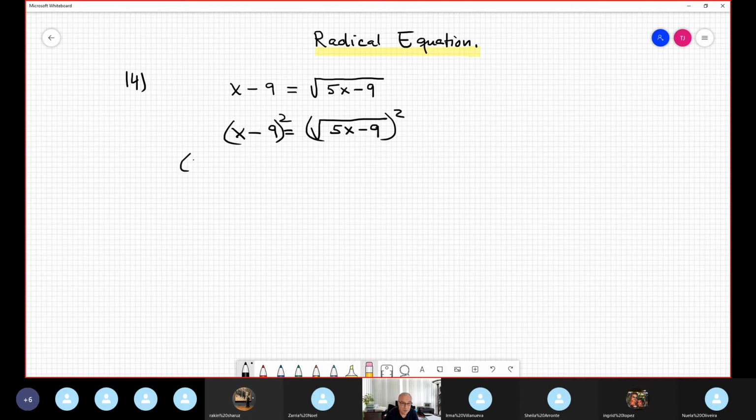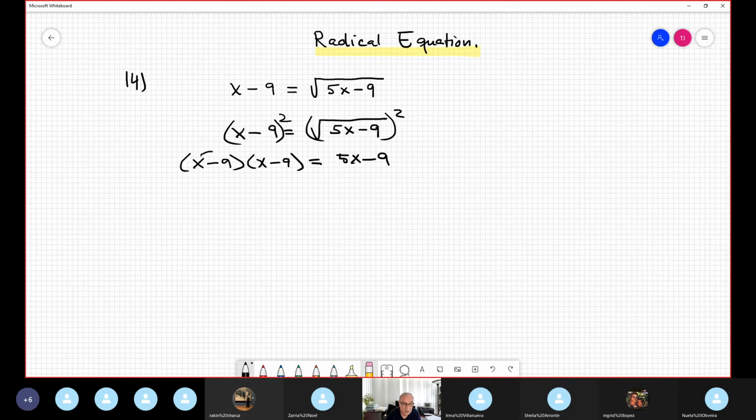So we have x minus 9 times itself. On the right-hand side, we have only 5x minus 9, because a square root and a square power undo each other.